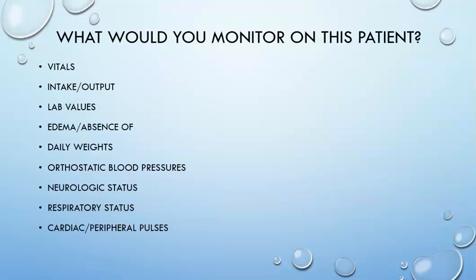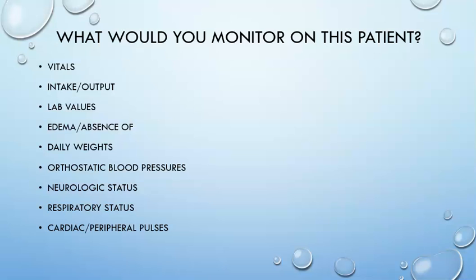So what would we want to monitor on a patient who's hypovolemic? We want baseline vitals, and we're going to check these vitals frequently as we are doing our fluid resuscitations. We want to watch their intake and output, so we need to know how much fluid is going in and how much fluid is coming out.